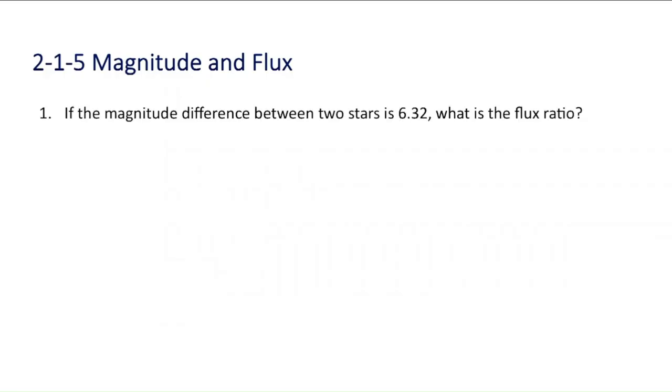If the magnitude difference between two stars is 6.32, what is the flux ratio? So now you know the magnitude difference, which is Mb minus Ma. That is the magnitude difference between two stars, and it is equal to 6.32. Now you are asked to find the flux ratio, which is Fa over Fb. So if you plug into this formula, you get that the flux ratio must be 2.51 to the power of 6.32.